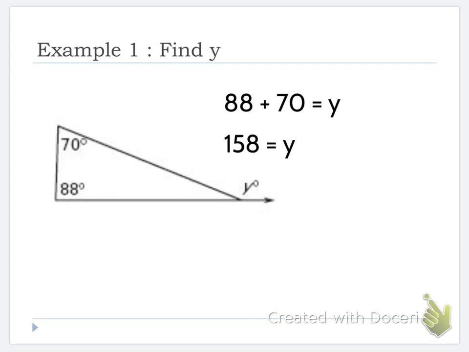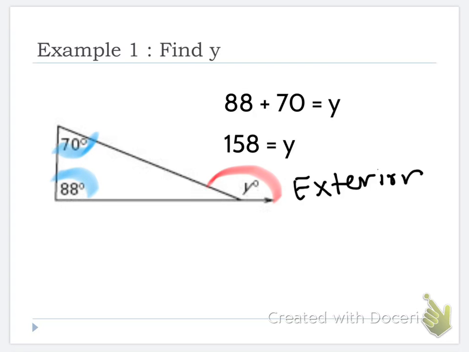Example 1 is asking us to solve for y, or to find y. We can see y here is outside of our triangle, right? So we can say that this is an exterior angle. Because it's exterior, we're going to use our exterior sum theorem, which tells us that y is equal to the non-adjacent angles, the two angles that are not touching y.